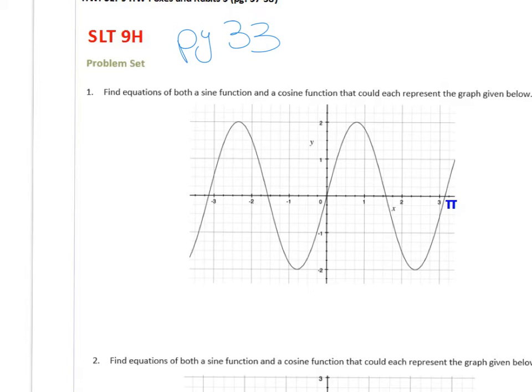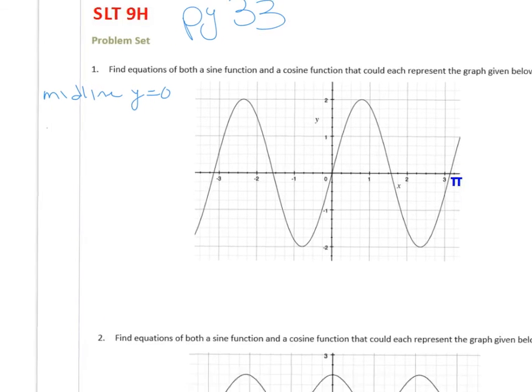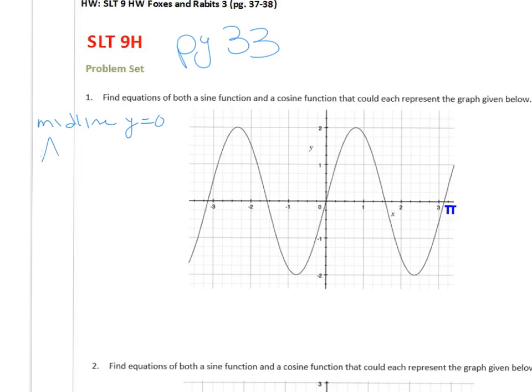Okay, so for number 1, my midline is at y equals 0. And the amplitude is 2. And the period, okay, so notice the x scale is in integer values, 1, 2, 3.